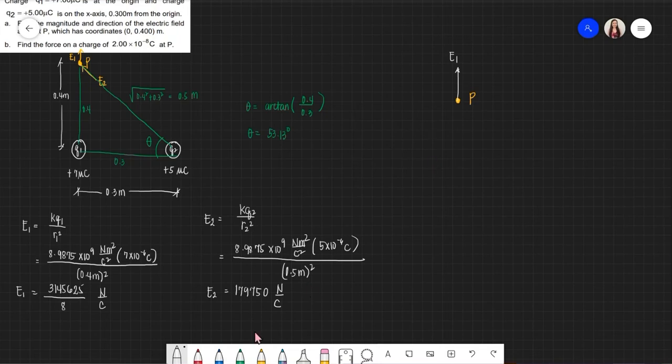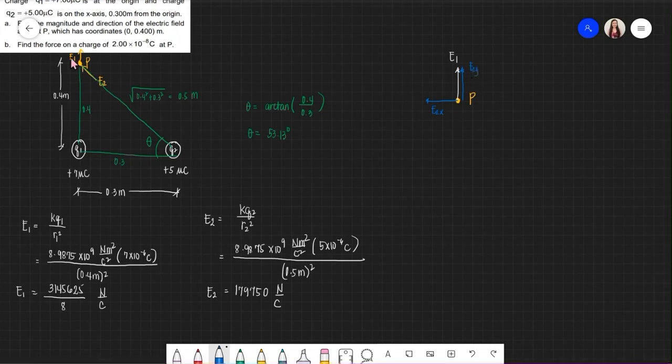And then we have, let's make it blue, E2x, and this is E2y.